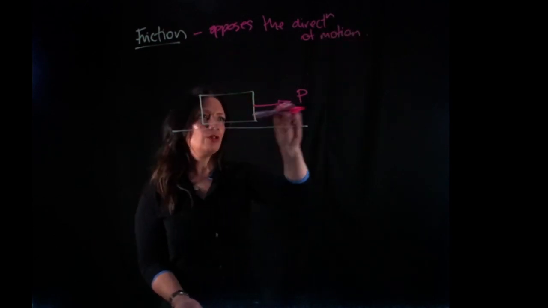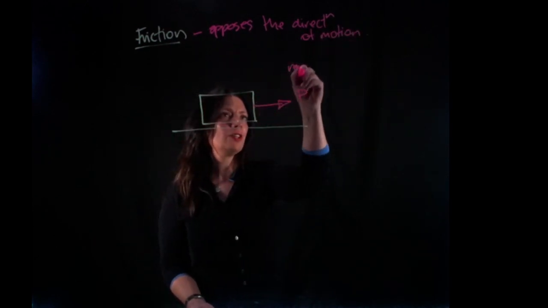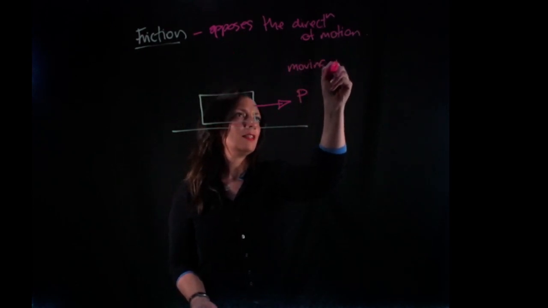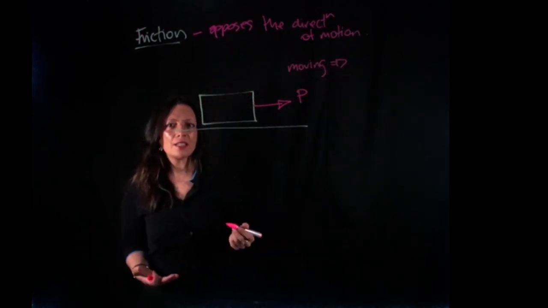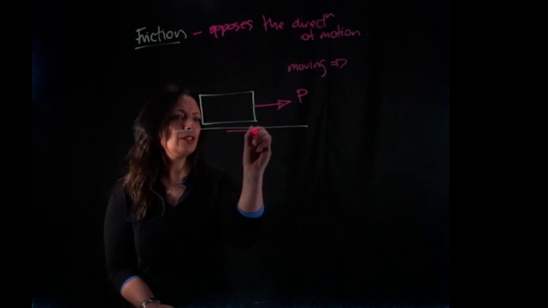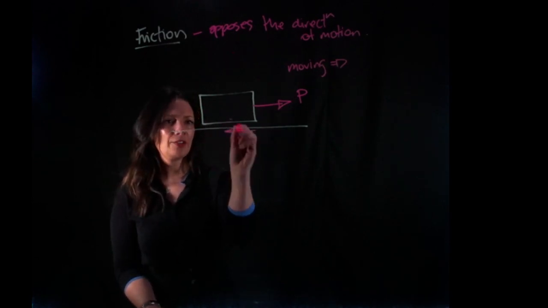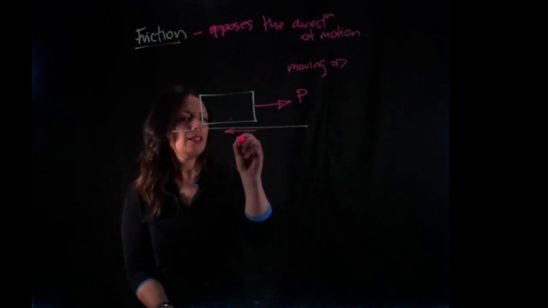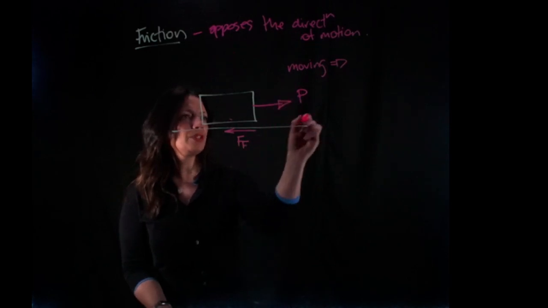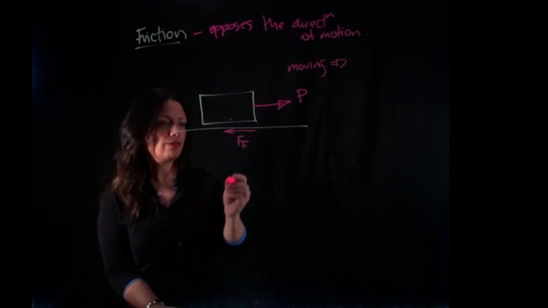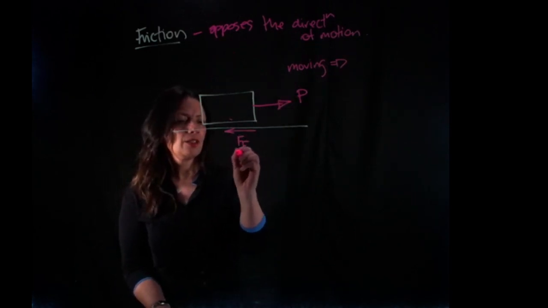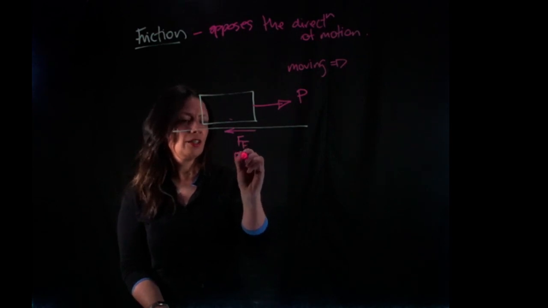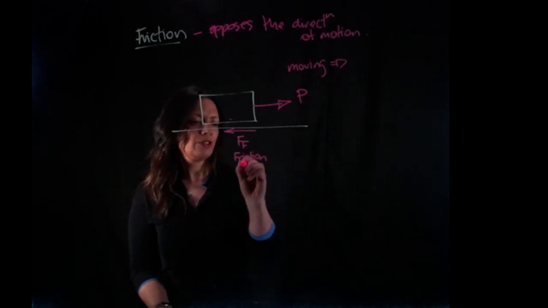So if our force is moving this way, which way does our frictional force go? Friction will occur at the contact surface, and it's going to go in the opposite direction to the force. So this is my friction force.